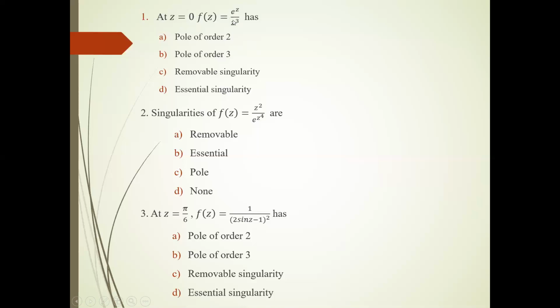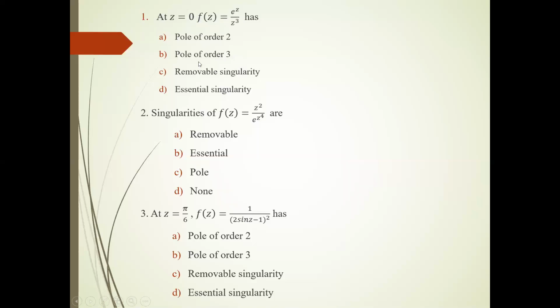Multiply z square into this function. What do we get? z square into f(z) is equal to z square into e raised to z upon z cube. We get e raised to z, z square cancels, we get e raised to z upon z. If we apply limit z tends to 0, e raised to z upon z again becomes infinity. That limit does not exist. So we cannot say that at the point z is equal to 0, this f(z) has a pole of order 2.